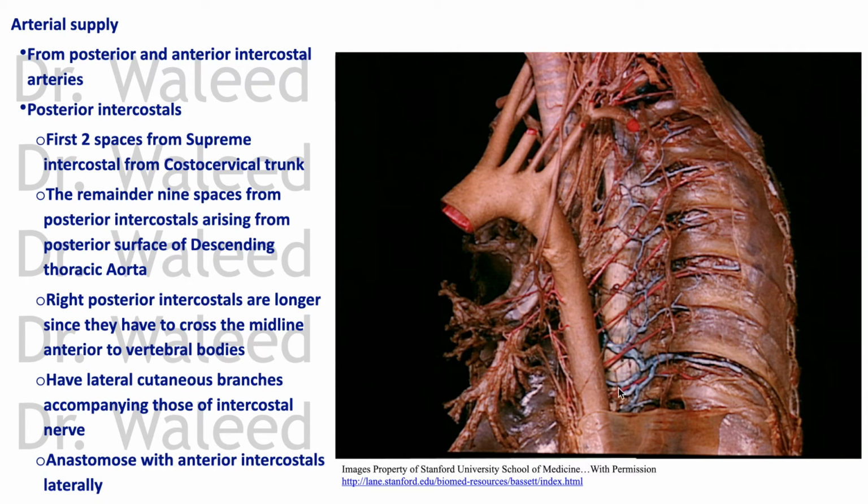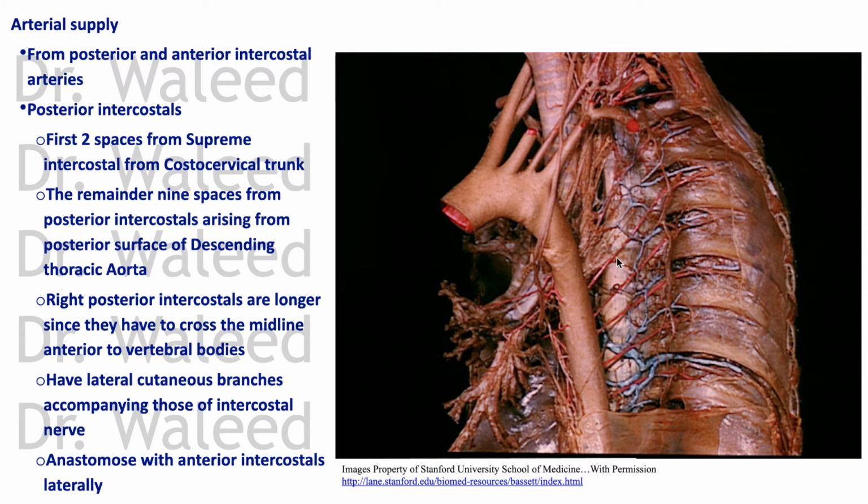And since the descending thoracic aorta is shifted to the left of the vertebral column, you expect that the right posterior intercostal is longer than the left. And trust me, I got this as a question in one of the exams, that the right posterior intercostals, since they have to cross the midline and go to the other side, are longer than the left intercostals.